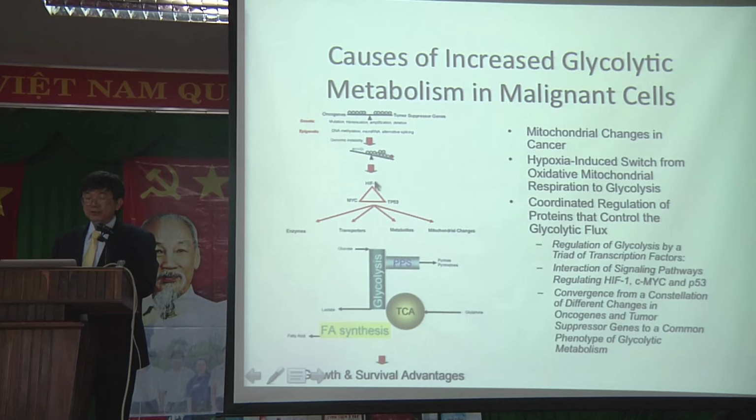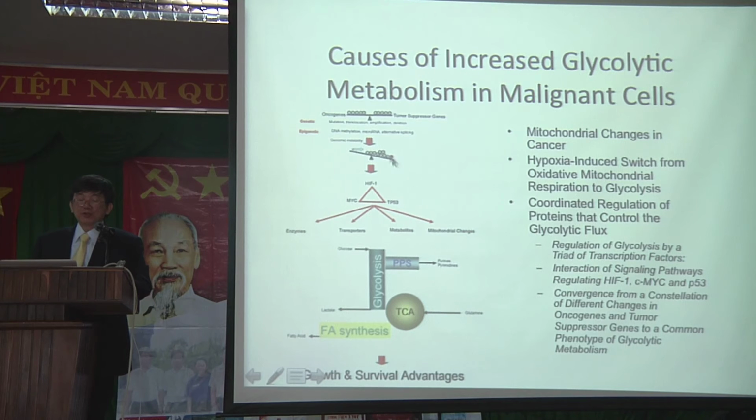If you follow these changes, the signaling pathways would almost always lead you to these three transcription factors: MYC, HIF1, and p53. There's a coordinated change: increase in the activity of HIF1 and MYC, but decrease in the activity of p53. And with the coordinated changes of these three things, many things will follow.